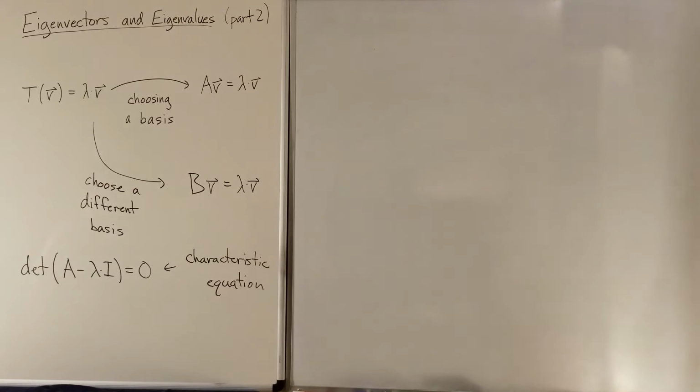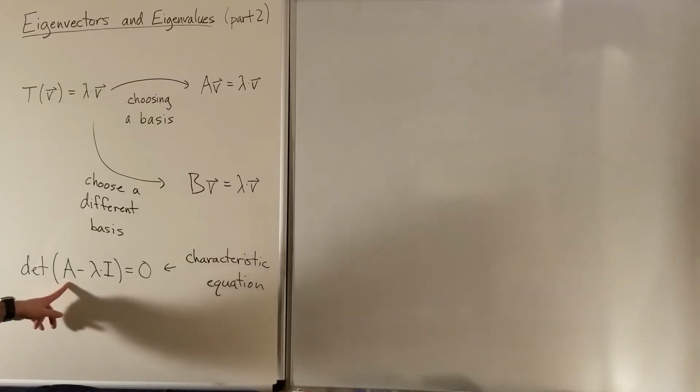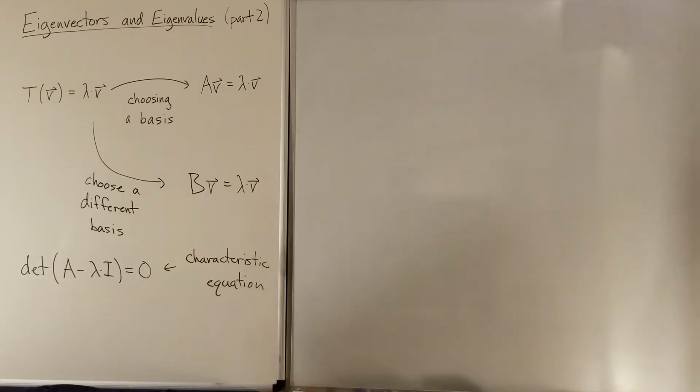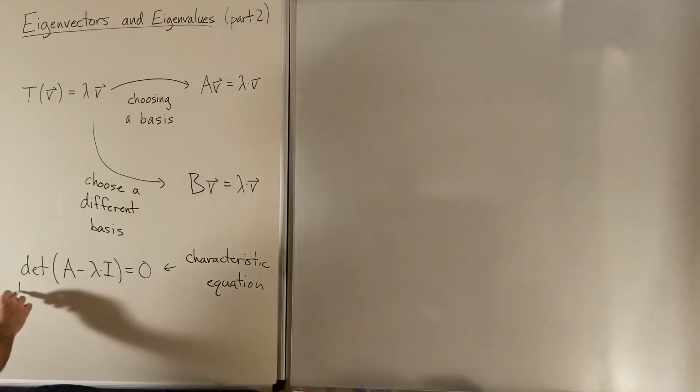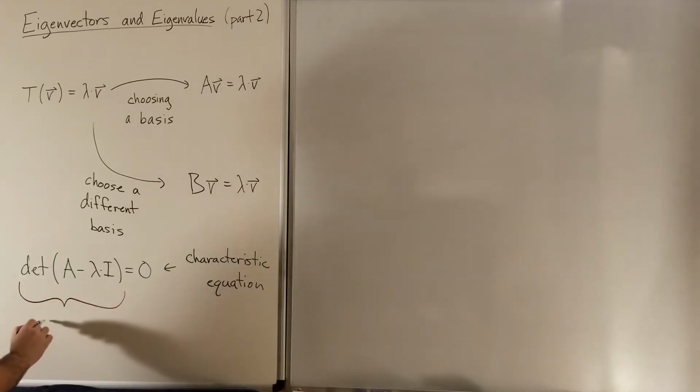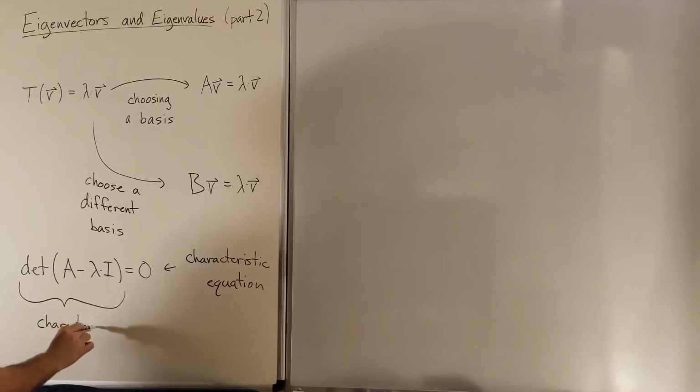And if your vector space is finite dimensional, which all the ones we'll be working with are, or at least for the ones with eigenvalues and eigenvectors, the problems that we'll be dealing with will all be finite dimensional. In other words, A is some n by n matrix and n is a finite number. As long as that's the case, then the determinant of this will always be a polynomial. So this piece right here will always be called the characteristic polynomial.